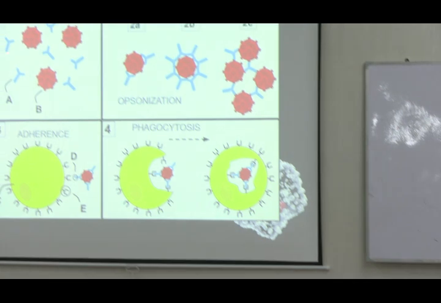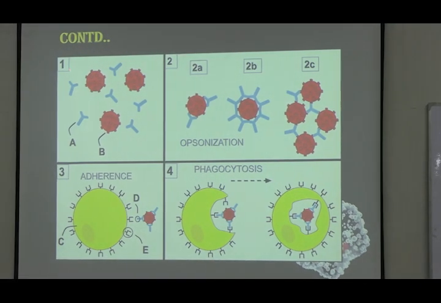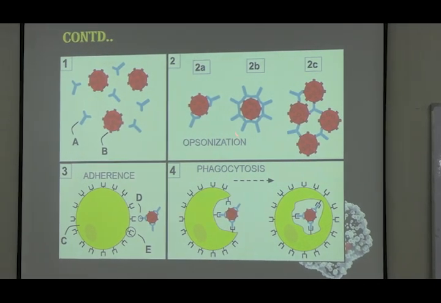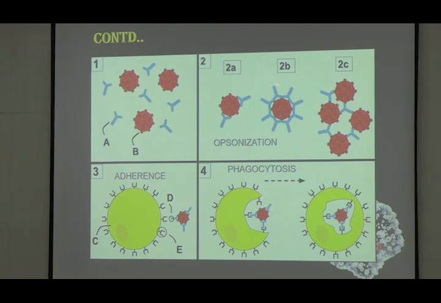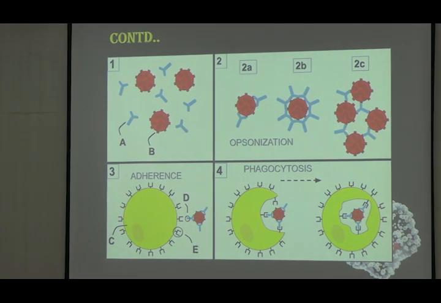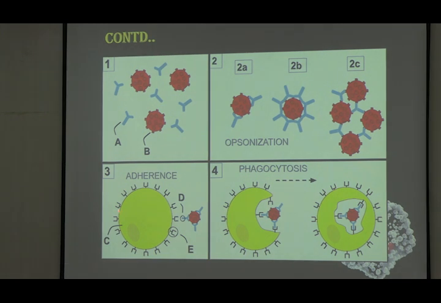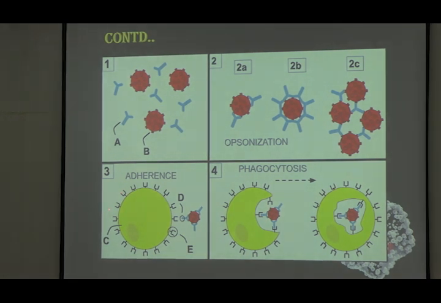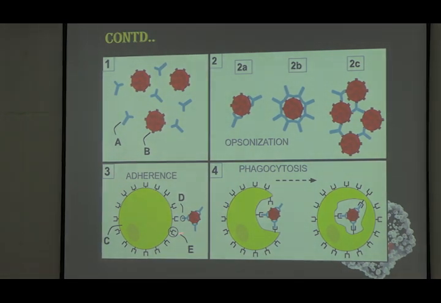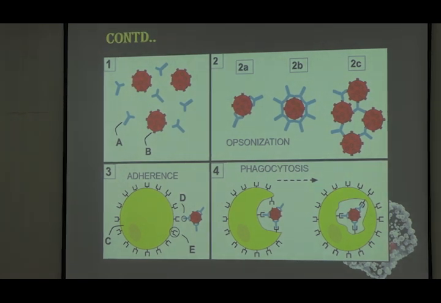So see, this will gradually cover, coming and attaching. This is opsonization. Now, when opsonization starts, this is our neutrophil, it will now engulf this. It started engulfing. Now it is engulfed.